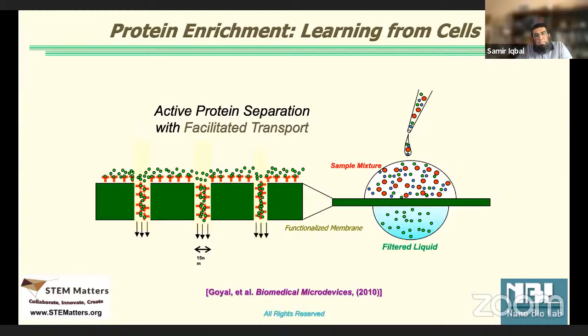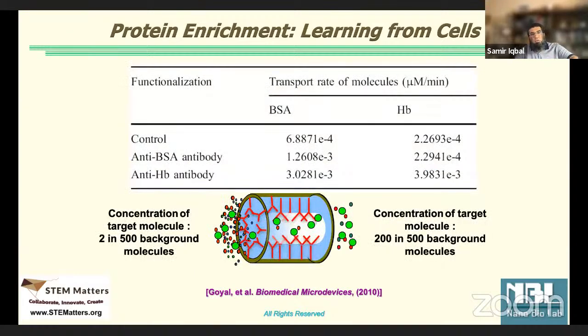What was achieved is shown in the cartoon: there's a whole mixture, red, green, blue, but we want to enrich the green things on the other side. Similar physics goes into that, where the binding causes the overall flow across the membrane or channel to be much more than the other.